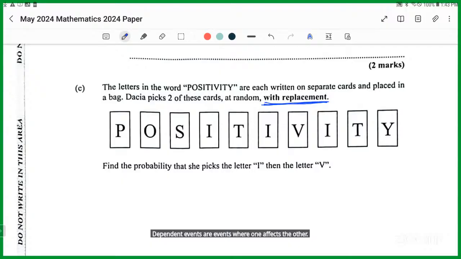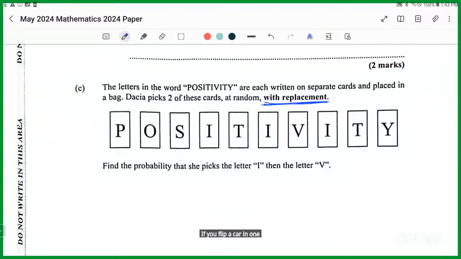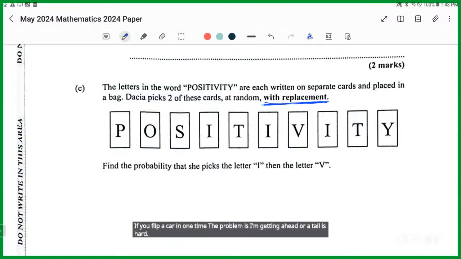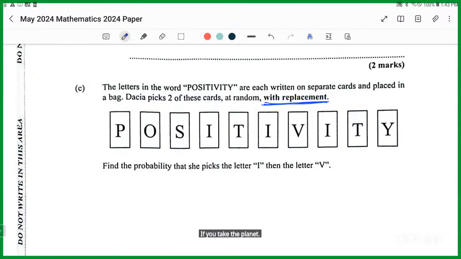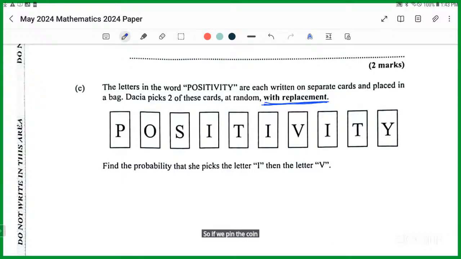You get me? Another good example of independent events is flipping a coin. If you flip a coin one time, the probability of getting a head or a tail is half. If you flip it again, the probability of getting a head or a tail is still a half, it's not changing. So flipping the coin 2 times, a first time and a second time, will be independent events.